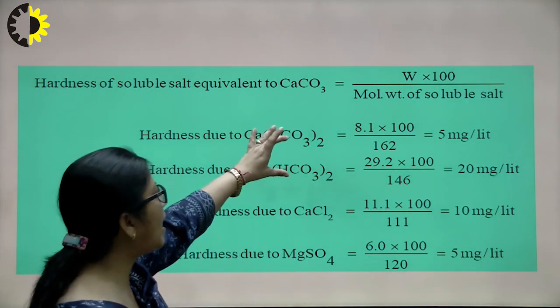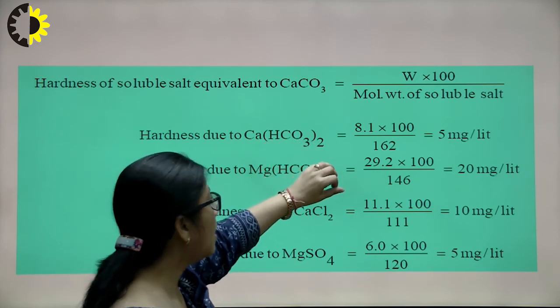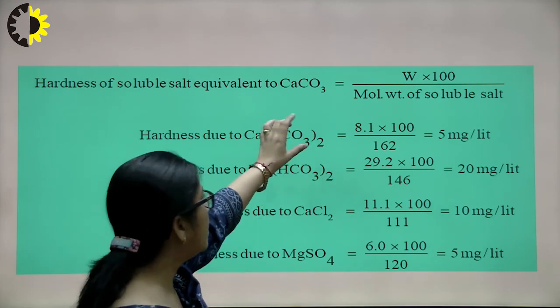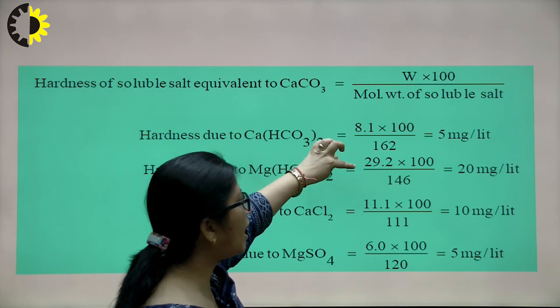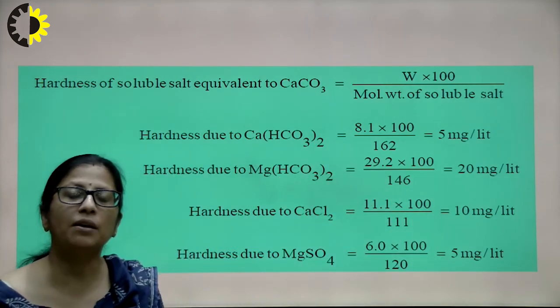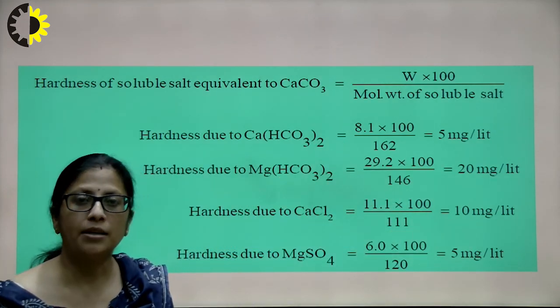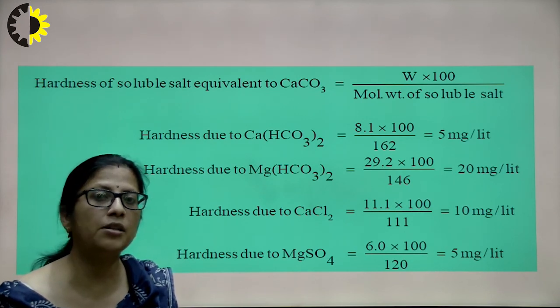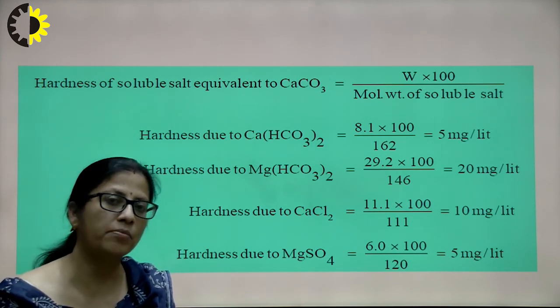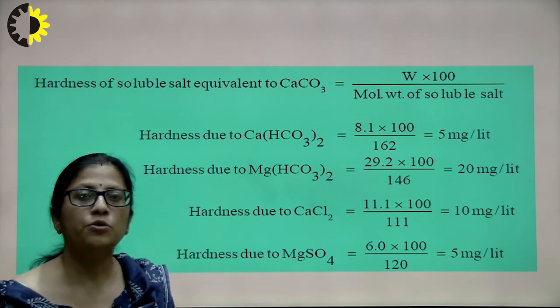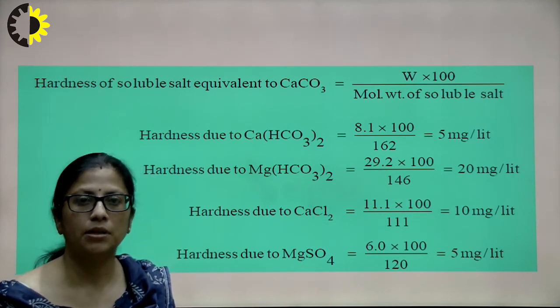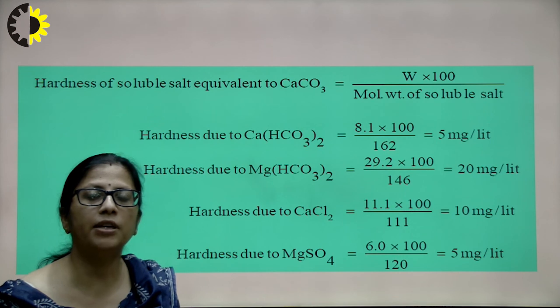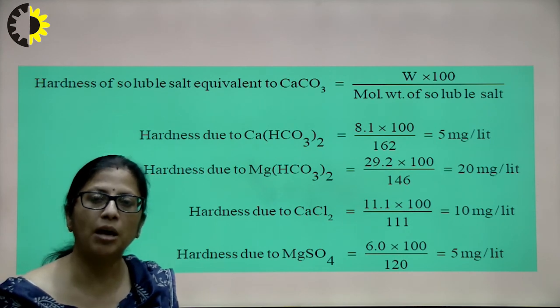If I add these two, I cannot simply add this 8.1 and 29.2 to calculate the temporary hardness, because the hardness caused by calcium bicarbonate is not equivalent to the hardness caused by magnesium bicarbonate. So, for making a common ground, we are converting all the different types of hardness into calcium carbonate equivalence.